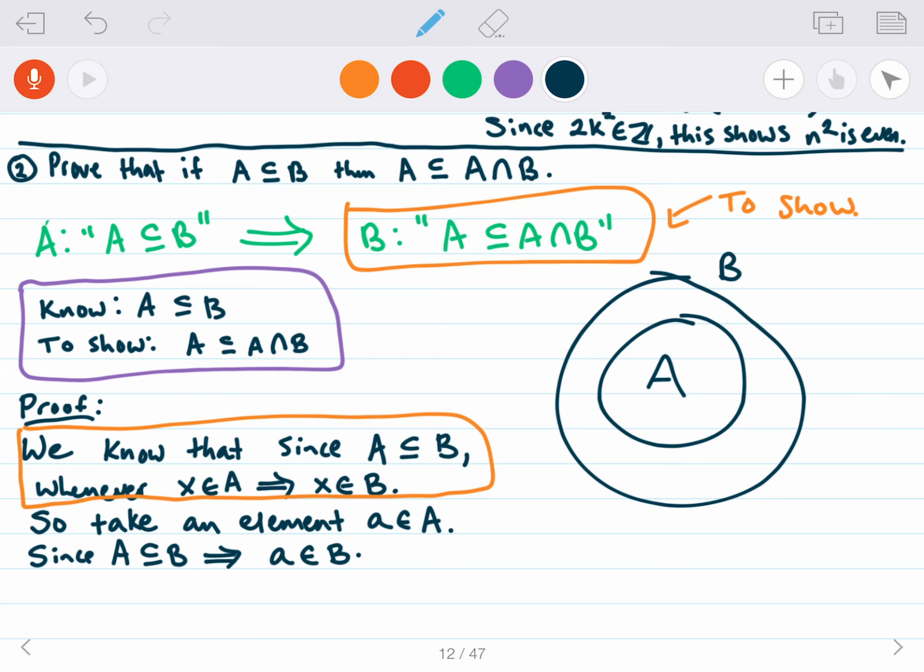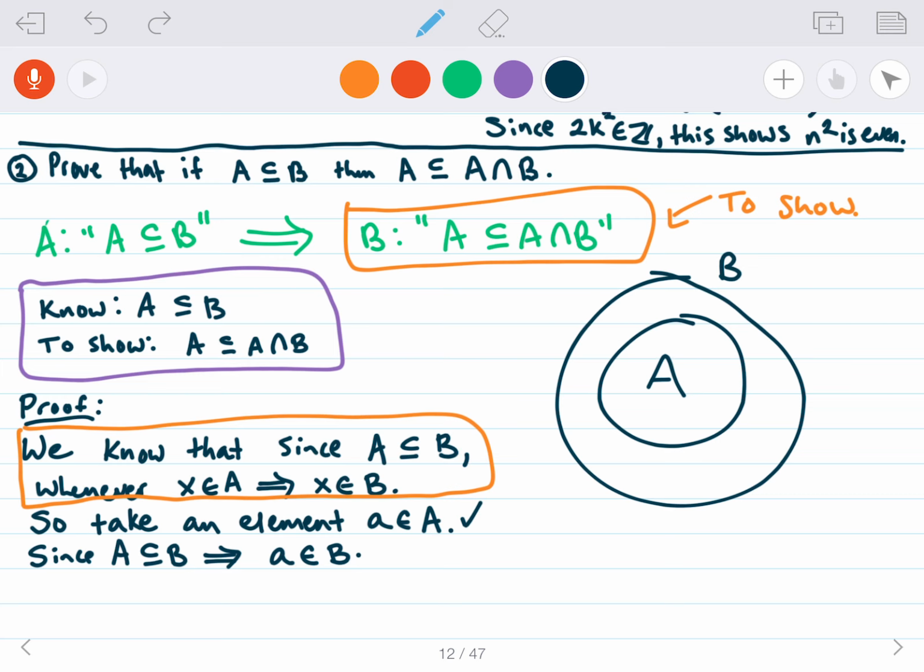What are we trying to show? We're trying to show that this little a is in both A and B. Okay? We've already said take an element a in A. It's already in A. But now it's in B as well because A is contained in B. All right, so take an element a in A. That's done.